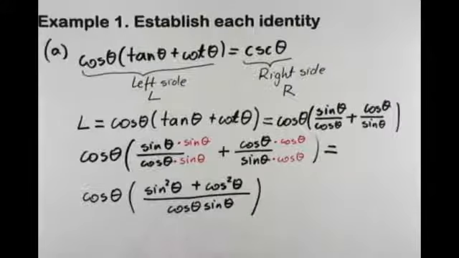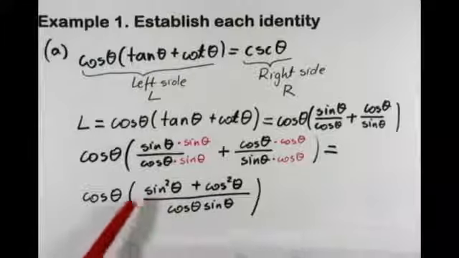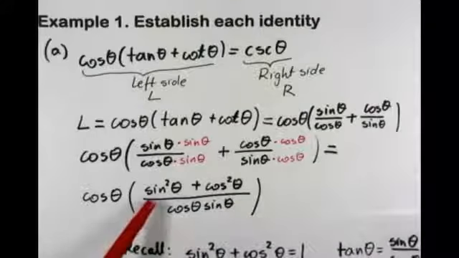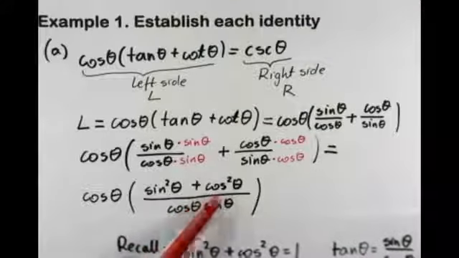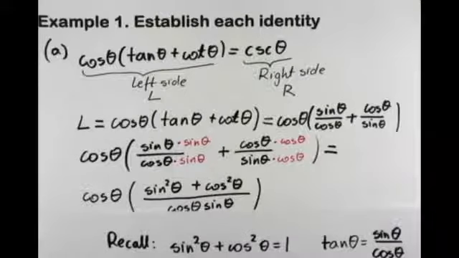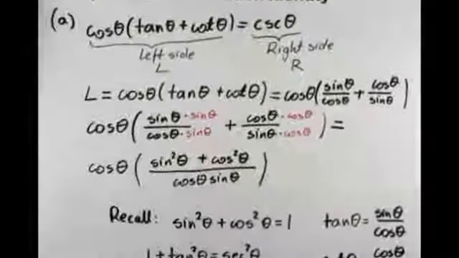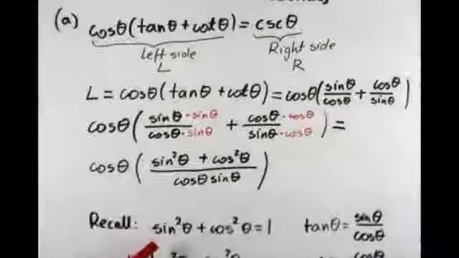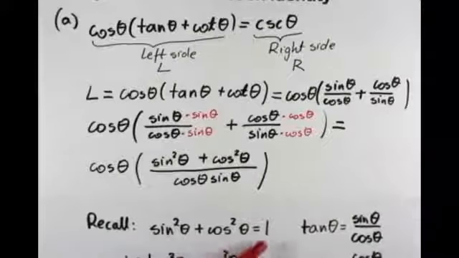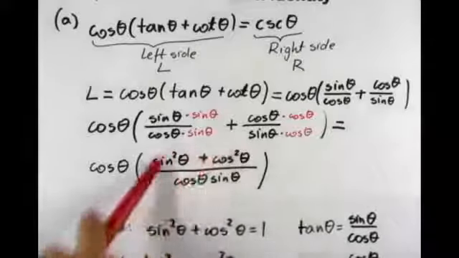Now I'm using the identity that sine squared theta plus cos squared theta is equal to 1 from the previous page, from the previous chart. We're gonna use that sine squared plus cos squared is 1, so this part gives me 1.